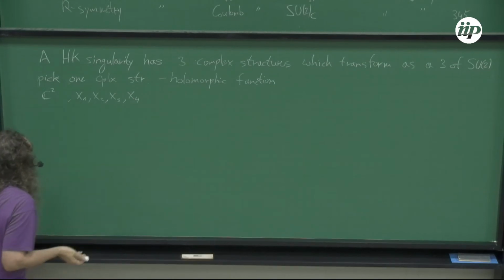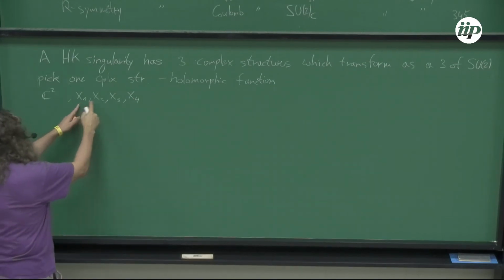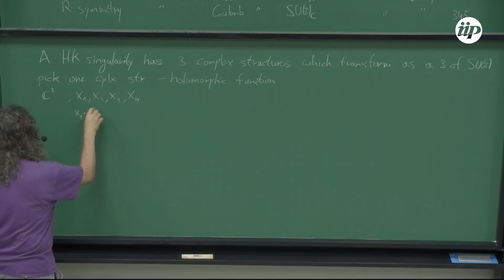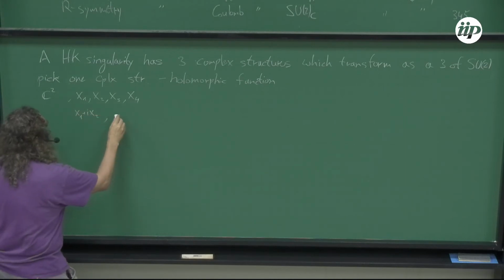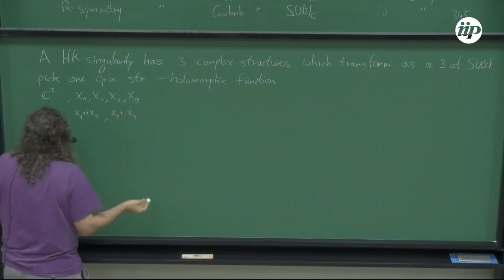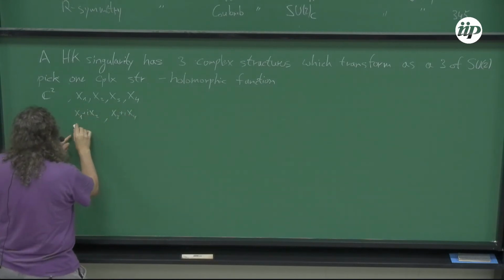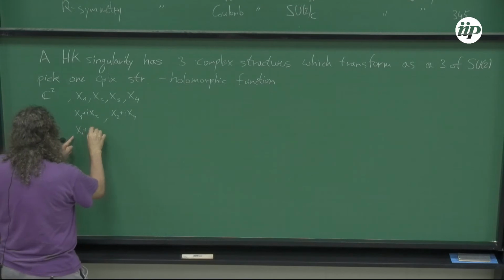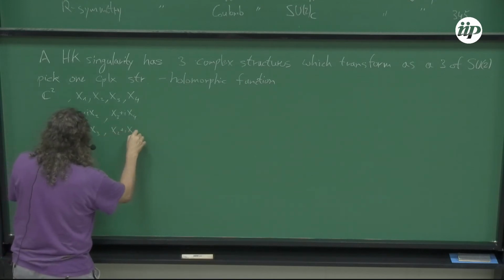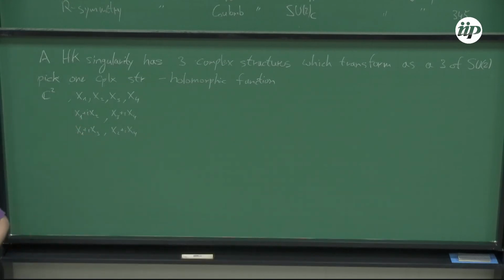What does it mean to pick a complex structure? I can take x1 and x2 and complexify them, and then I'll complexify the other 2. But I can also pick x1 and x3 and do the other 2. I have many options to complexify, so I just pick one.